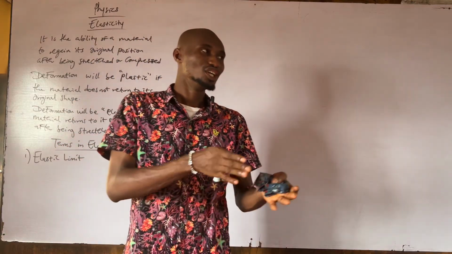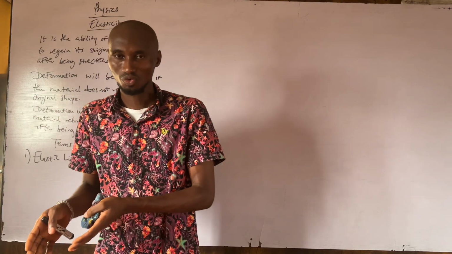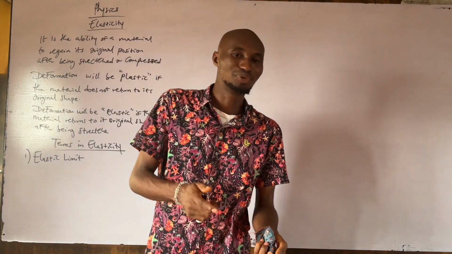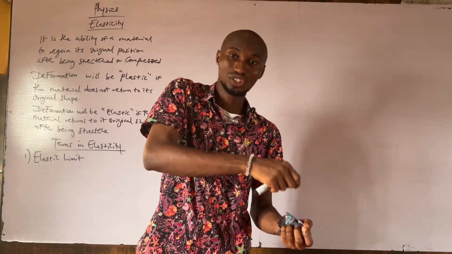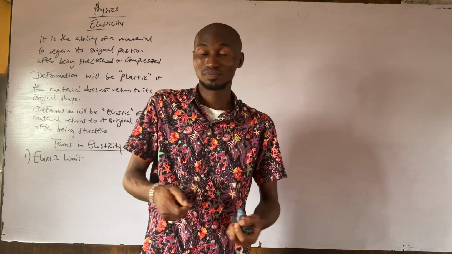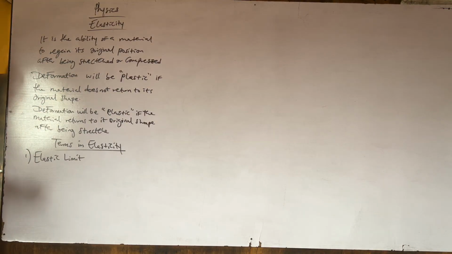Or you can say when a maximum load is placed on an elastic wire or elastic material and the body returns to its original shape after the load or the force has been removed from that elastic material. And there's another definition to that.